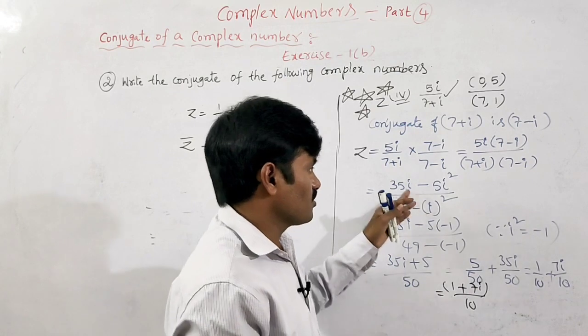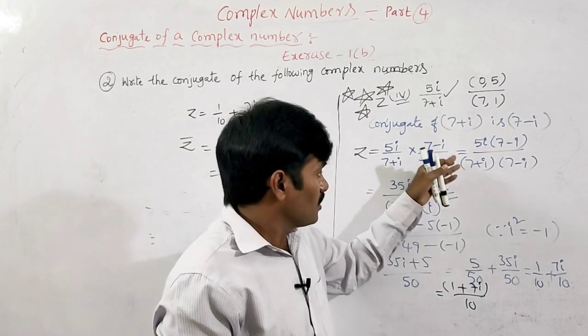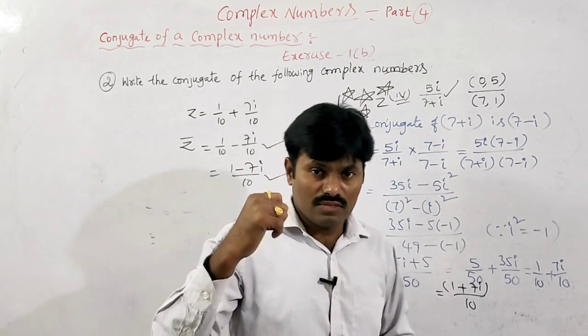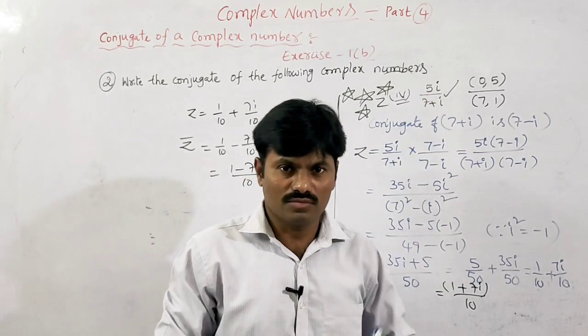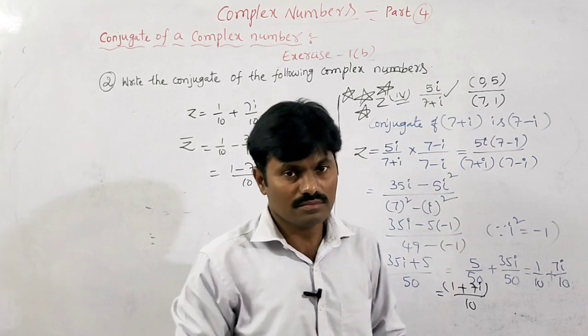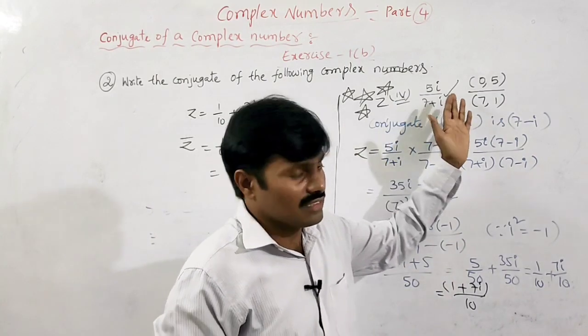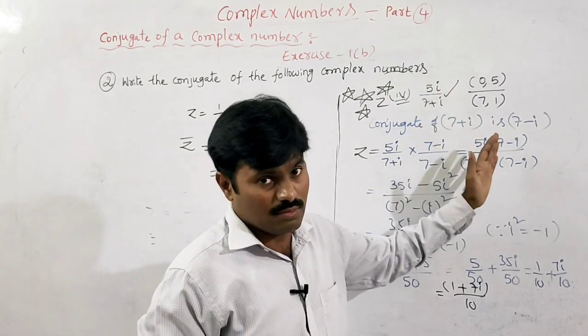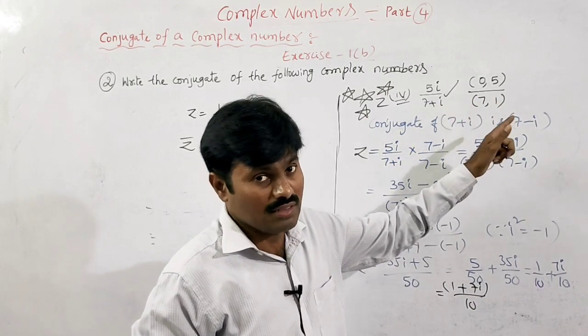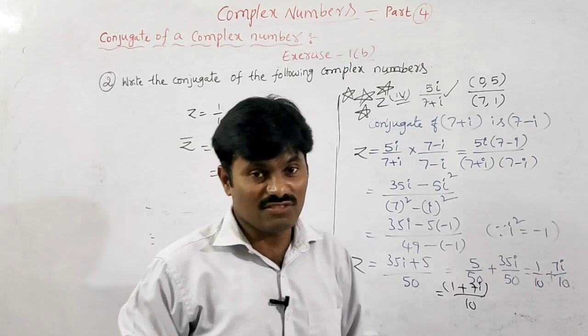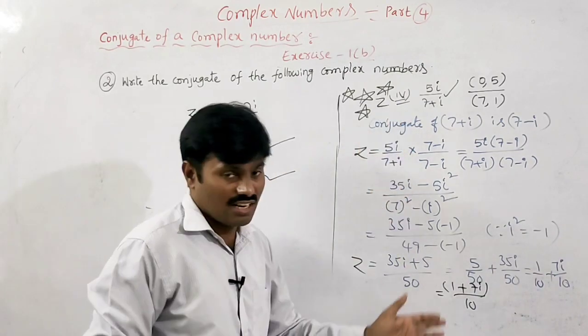These types of problems we solved in exercise 1A also, but there we applied the formula, that is (AD plus BC) by (A square plus B square), (C square plus D square), (BC minus AD) by (C square plus D square). No need to apply that. Like this also we can do.